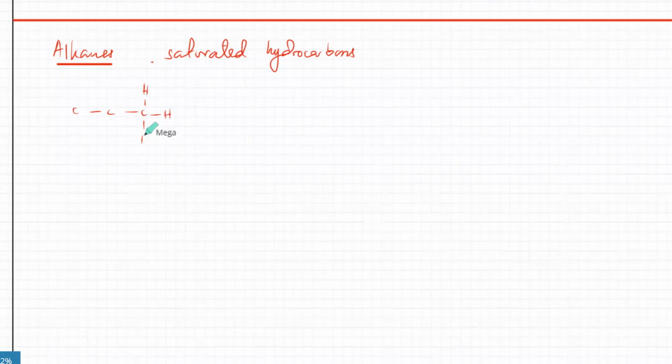The molecule name would be propane in this case. There are 3 carbon atoms, and that's propane. So that's it. Physical properties quickly.